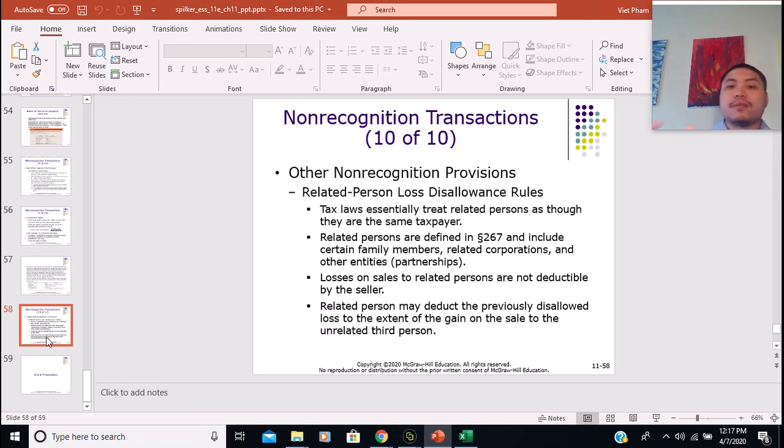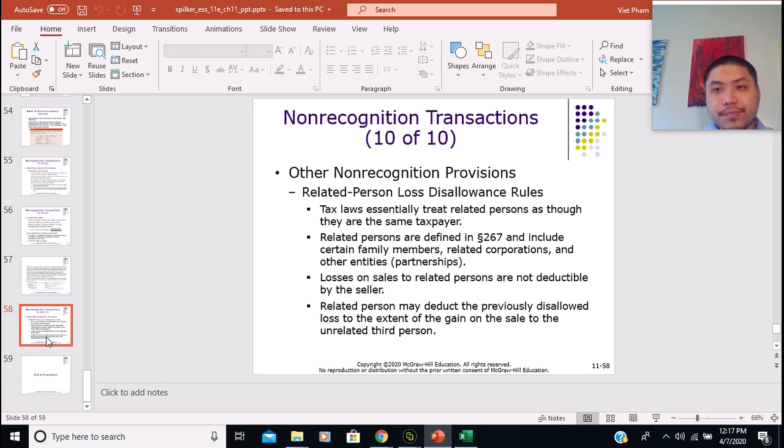The amount of loss that can be recognized is limited to the extent of the gain on the sale to the unrelated third person.